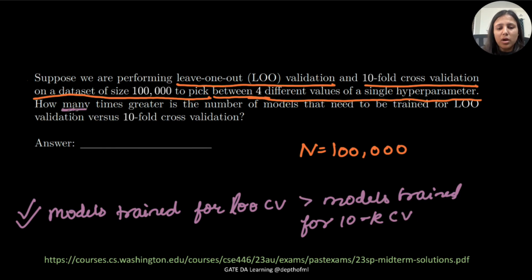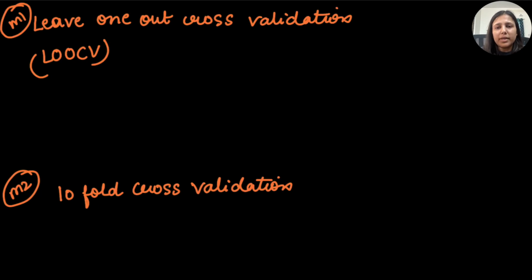So how many times greater, if we have to compute, how will we do that? We'll calculate how many times we have to train the model for leave one out cross validation or LOOCV, and then how many times we have to train the model for 10-fold cross validation. So let's get started. We know how to do 10-fold cross validation, so let's do that first.